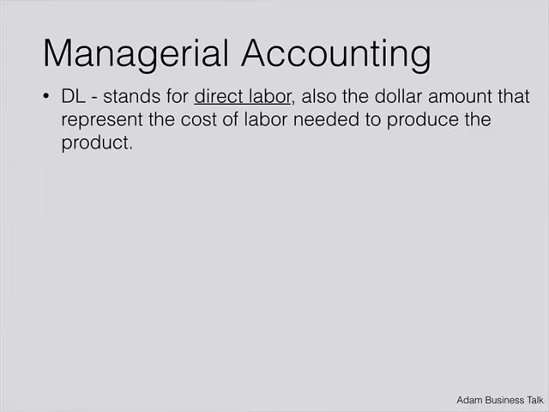Direct material. Okay, so in any company, the labor, oh, I said direct material, I'm sorry, I mean direct labor. So in any company, the labor can be divided into two main categories, direct labor and indirect labor. The direct labor is the dollar amount for the people who are manufacturing my product, while the indirect labor is everything else, like for example, the security guard.